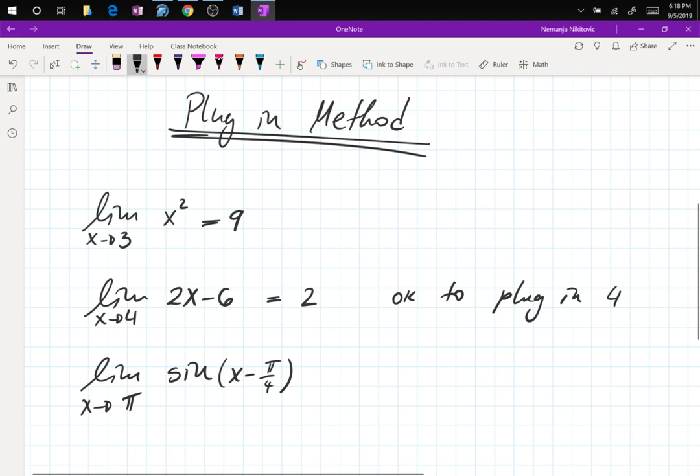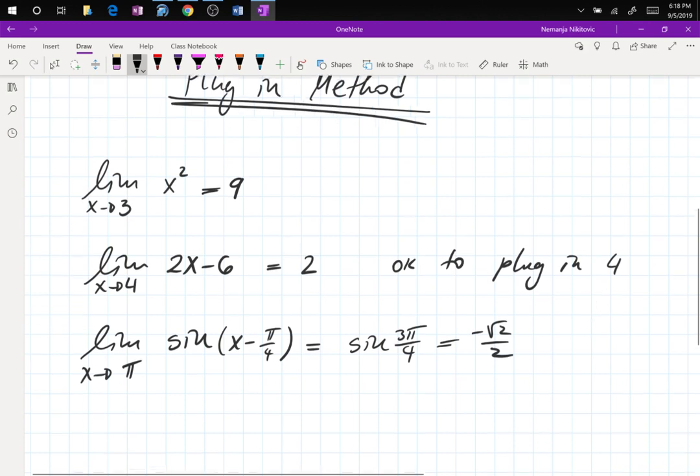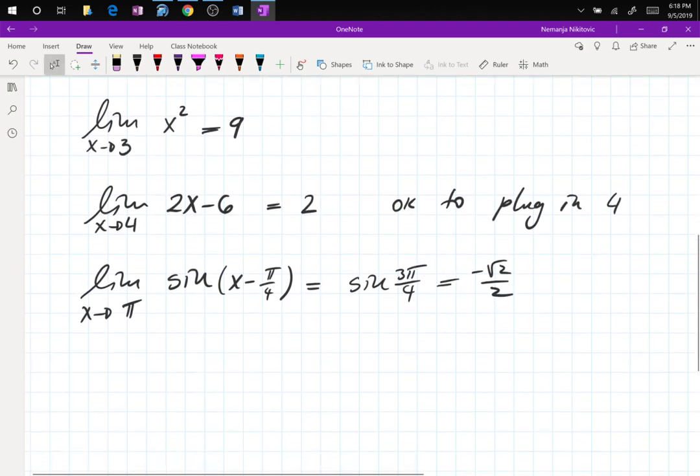It is okay to plug the limit here because you are going to get a numerical value for it. So you would say, okay, this works out to be sine of 3 pi over 4, which is negative root 2 over 2, and you're done, right? So that's also cool. And then you're going to run into a problem like this.